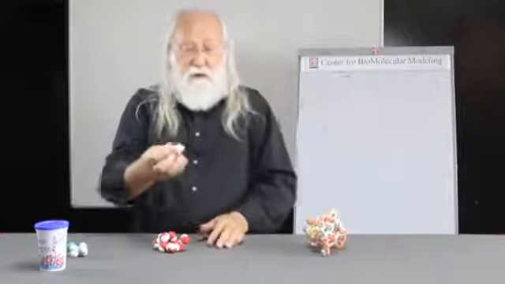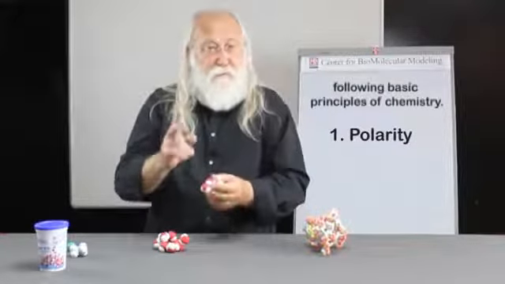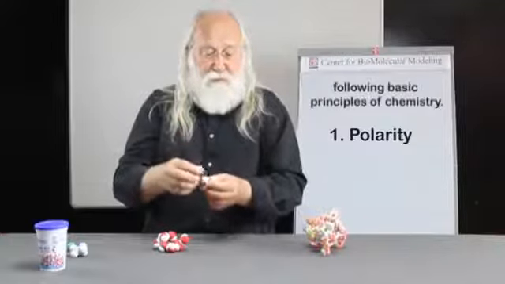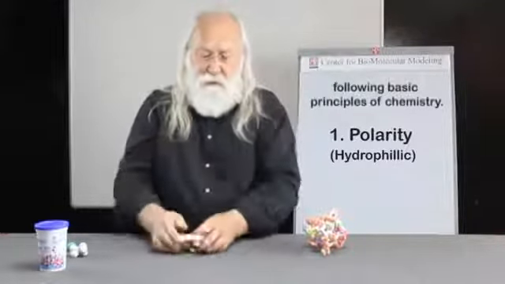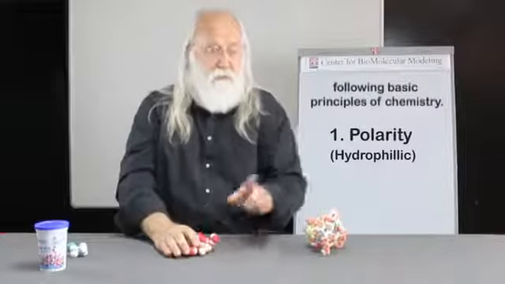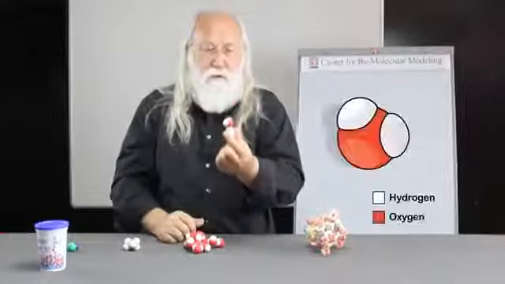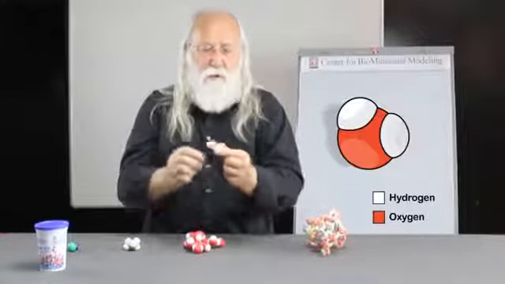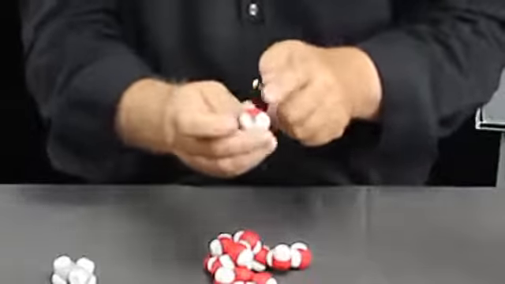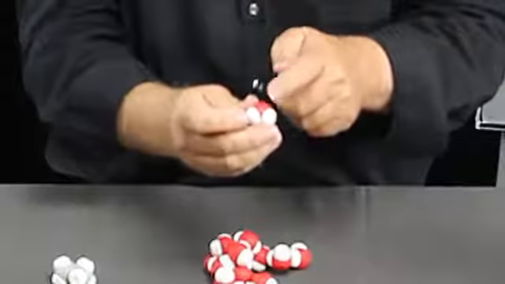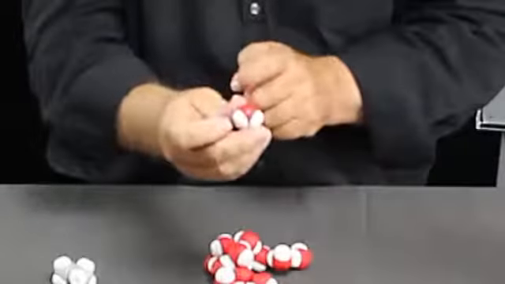So this is called polarity. The water is polar. We always have to have at least two words describing things, so it's polar or hydrophilic. All right, so that's one principle of chemistry that's going to drive protein folding. The reason water is polar is that there is an asymmetric distribution of negatively charged electrons around the three atoms, the two hydrogens and the oxygen that make up water.